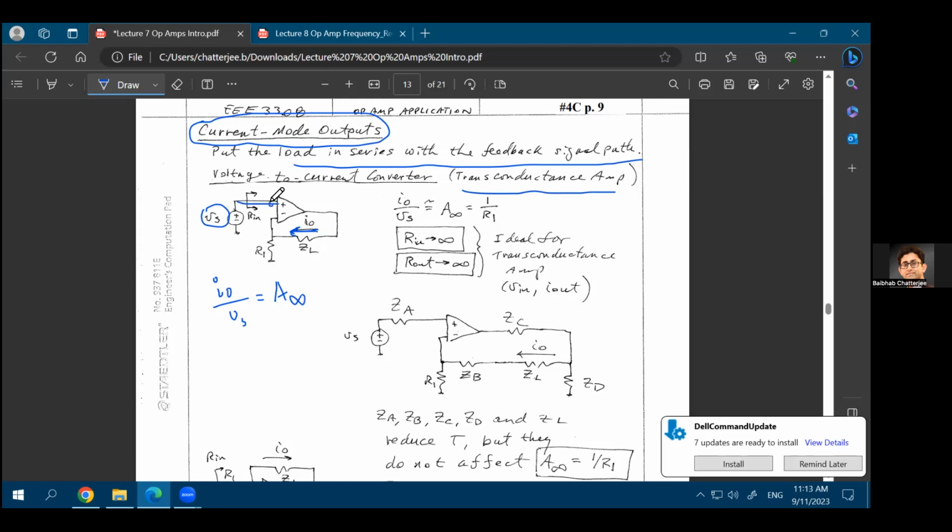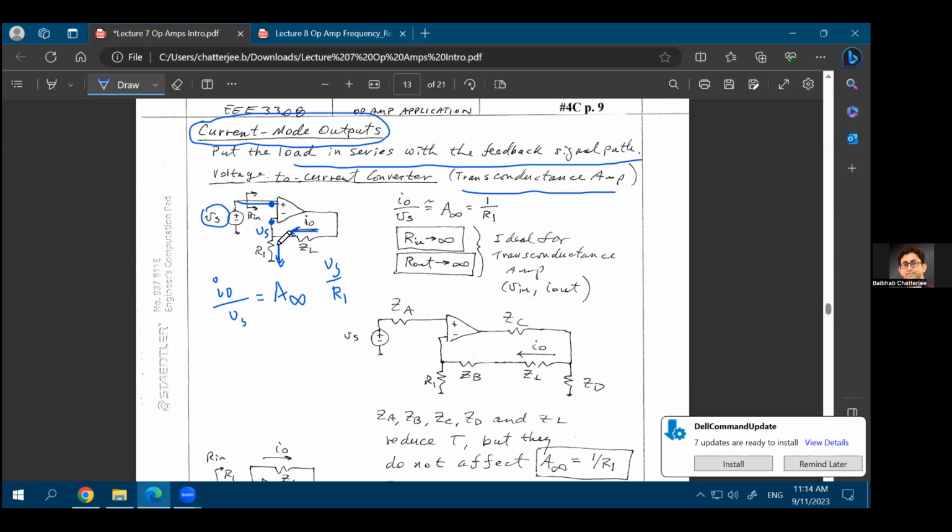So if this point's voltage is Vs, due to virtual ground property, or because the op amp has a very high input impedance, this point's voltage will also be Vs, right? The negative terminal will also be Vs. Which means that the current flowing through this R1 resistance will be Vs over R1. Vs divided by R1. That's the current flowing through the R1 resistor.